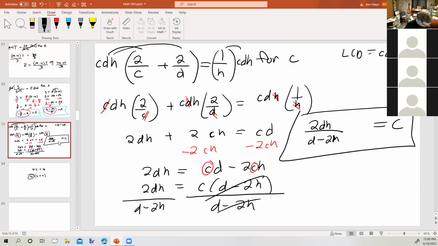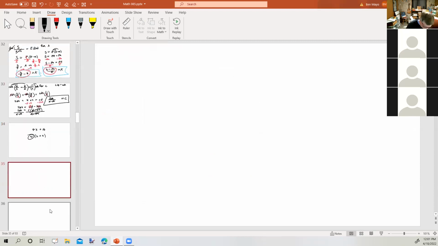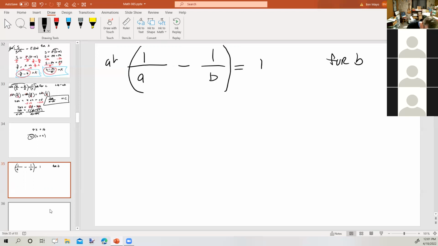Let's do another one of those. Let's see here. 1 over A minus 1 over B equals 1. Solve for B. So the LCD in this case is AB.